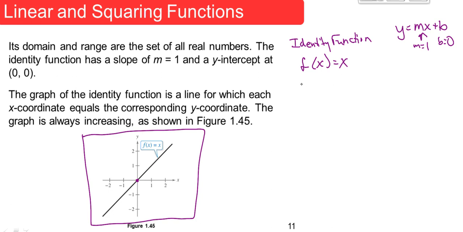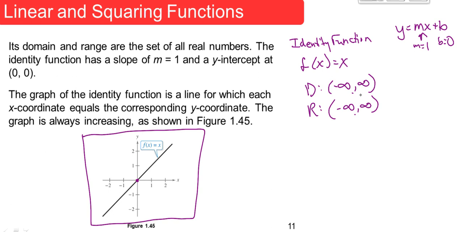For this one, the domain is from negative infinity to infinity, all real numbers, and the range is also from negative infinity to infinity, all real numbers.